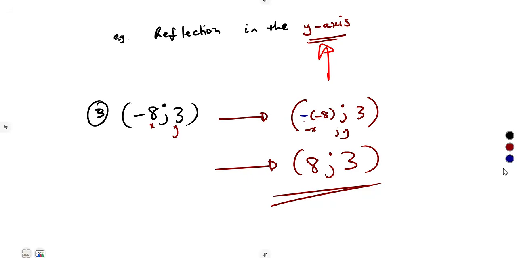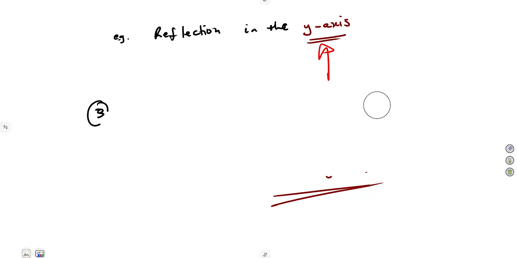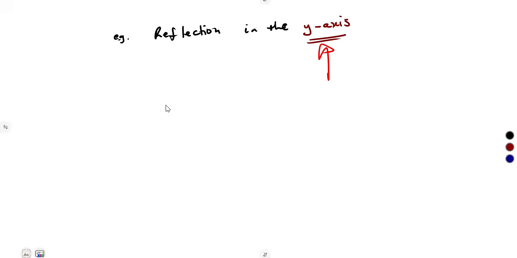So this can be on any graph, any point. Whether you are given an exponential function y is equal to e to the exponent of x, it can be reflected in the y-axis using the same concept, this will be f of minus x.